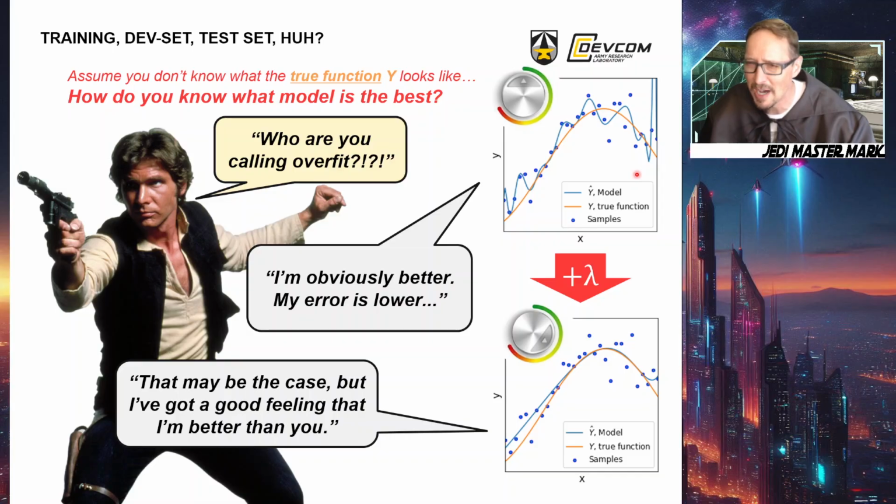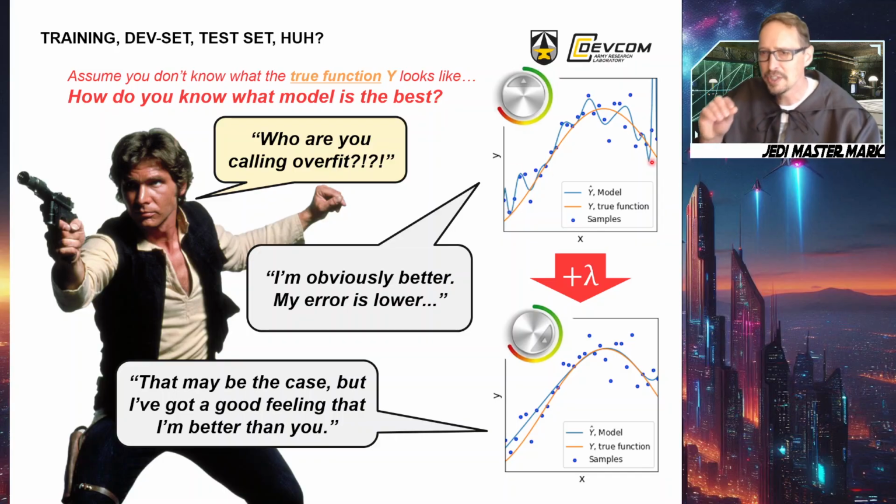I mean, if you think about it, this top model has a lower error than the bottom model, because as it's trying to overfit and capture all of this noise, it's reducing the loss function for each of these points much more so than this model down here. So even though visually we can see, okay, the model on the bottom is capturing the underlying trend a whole lot better than the model on top, the error doesn't show that.